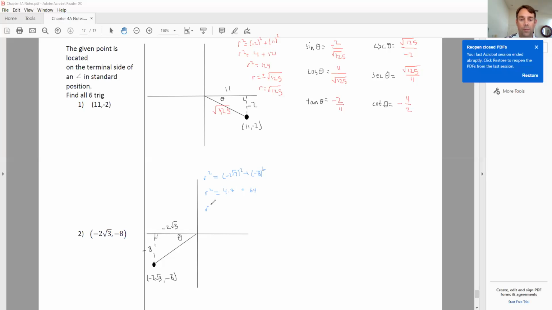So r squared is 12 plus 64. R squared is 76. So r is equal to the plus or minus square root of 76.